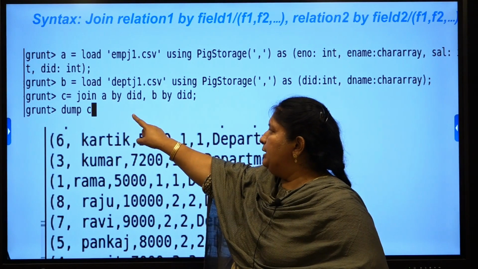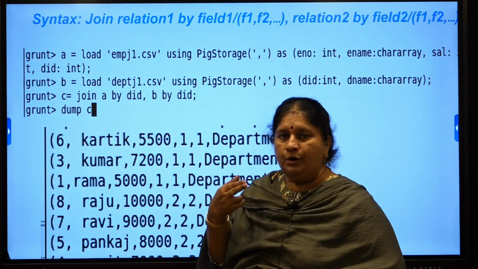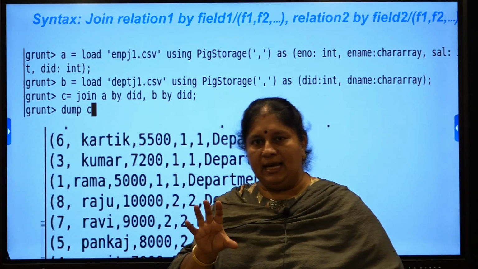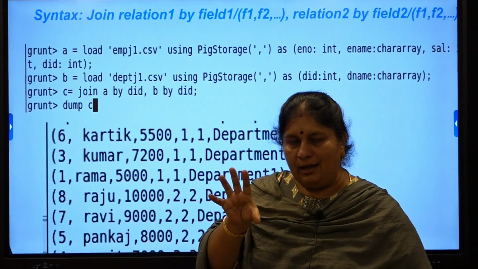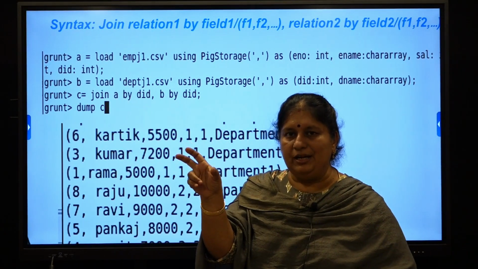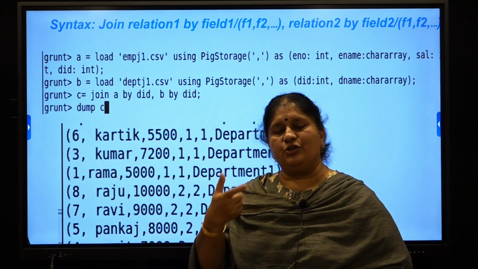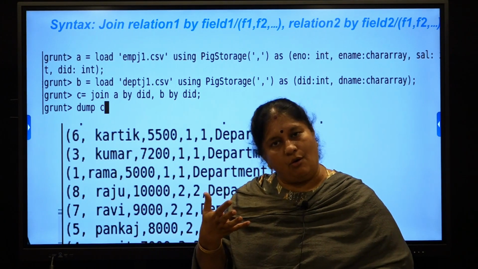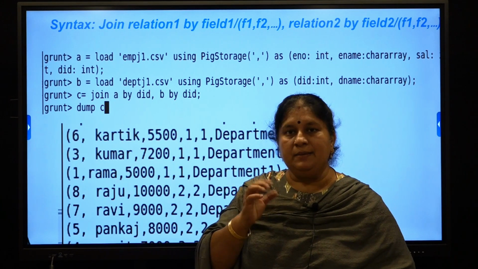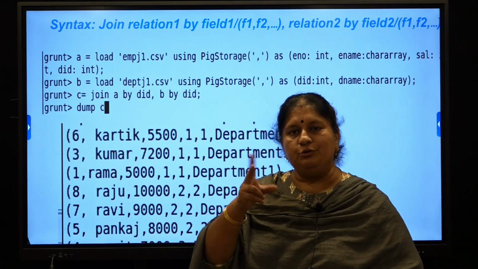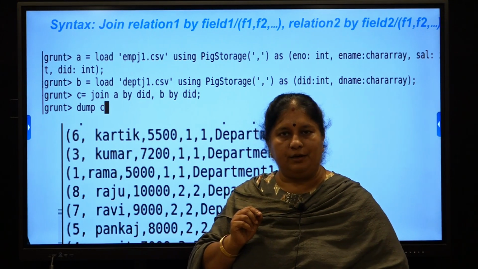C is equal to join. In order to work with joins in SQL, you give select so and so data from EMP, comma, the second relation department. Whenever you take data from multiple tables or multiple occurrences of a single table, we call it a join operation, and you join them using the common attribute.